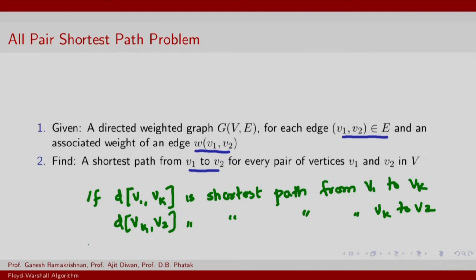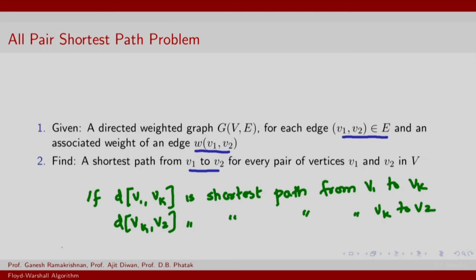We expect that if v1 to v2 are directly connected in the graph, then the associated weight w v1 v2 could be the shortest path, or the sum of these two could be the shortest path.